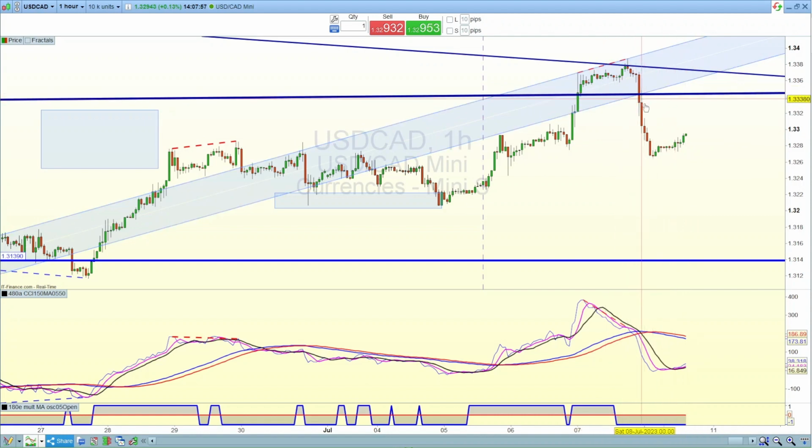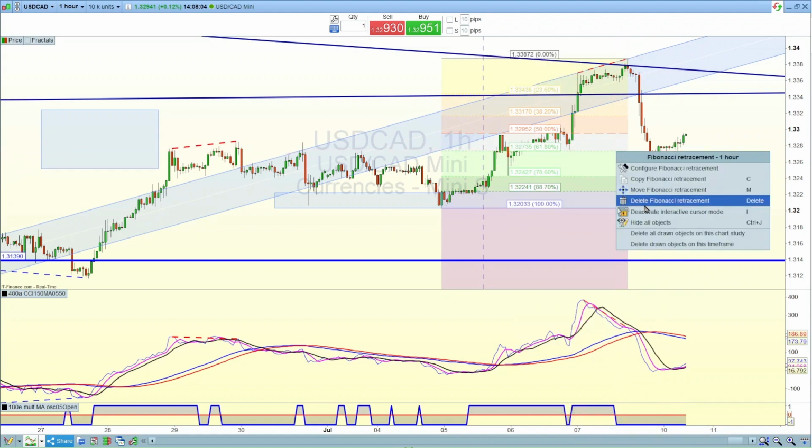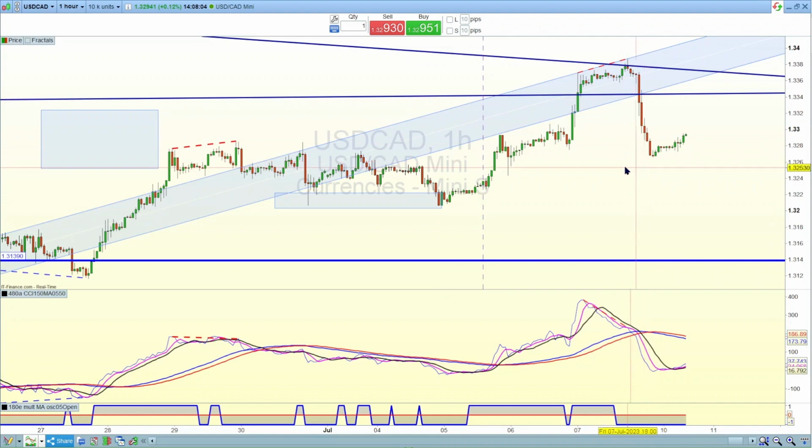That would have been your entry point, and your target would have been from a recent Fibonacci low. So your target would have been the closest Fibonacci range, and I would have picked probably that one, had I been watching this at the time, at the 38%. But in this case it went as far as the 61% and is starting to bounce from there. So it's probably too late to gain from any down price decline from there.